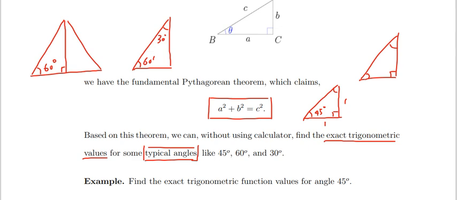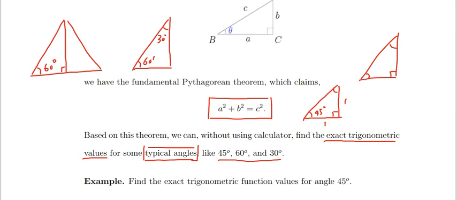So we call those typical angles: 45, 60, 30. For those angles, we can find the exact value for sine, cosine, tangent, cotangent.